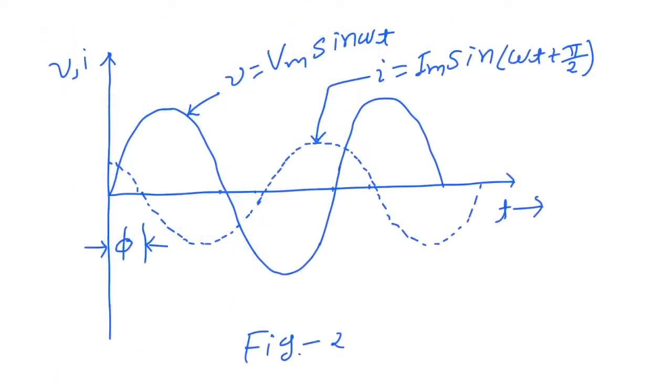The waveform of alternating voltage and current is shown in figure 2. Here we can see that alternating current i leads the voltage by an angle phi. Instantaneous power p is the product of instantaneous voltage and instantaneous current.